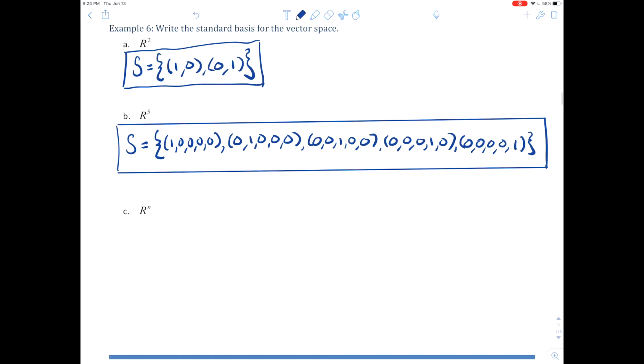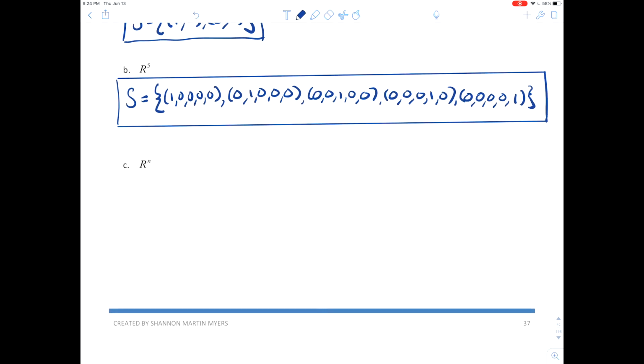All right, what about for Rn? What do you think for Rn? So you would end up having n vectors, right? And it would look like 1, 0, 0, dot, dot, dot, all the way down to 0. 0, 1, 0, 0, dot, dot, dot, 0.